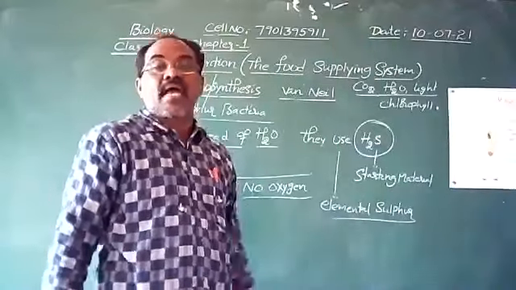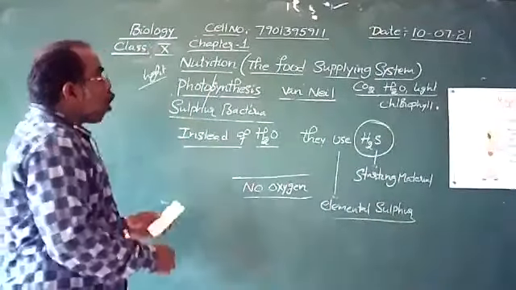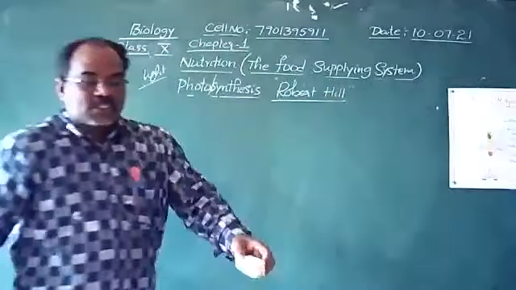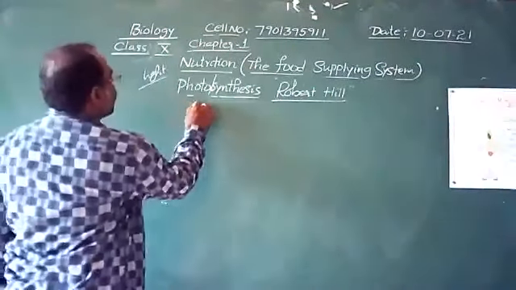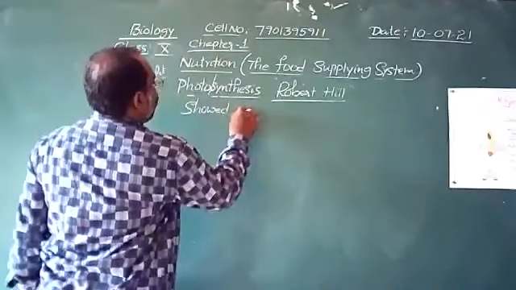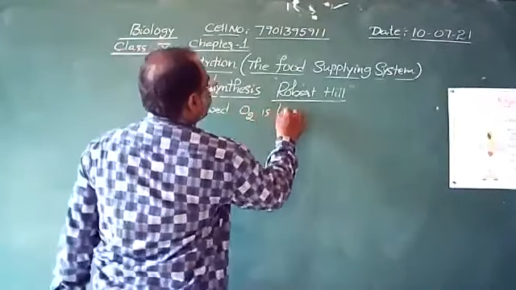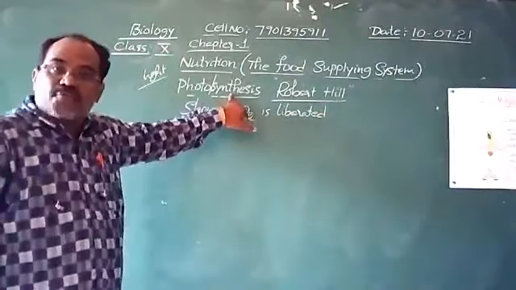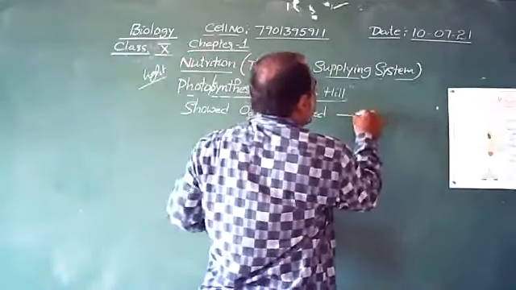Later, Robert Hill, he was also one of the greatest biological scientists, later Robert Hill showed oxygen is liberated by the process of photosynthesis using water.